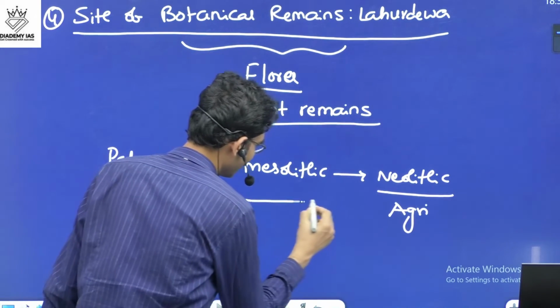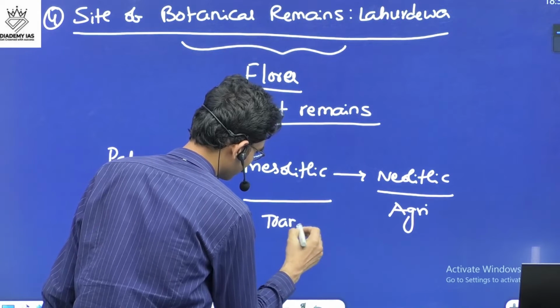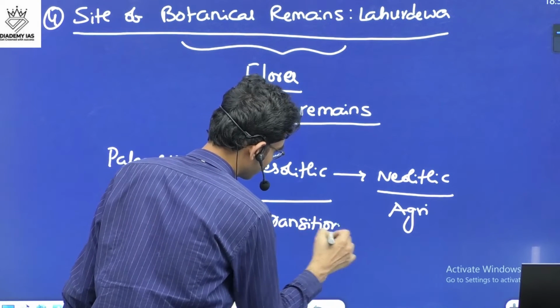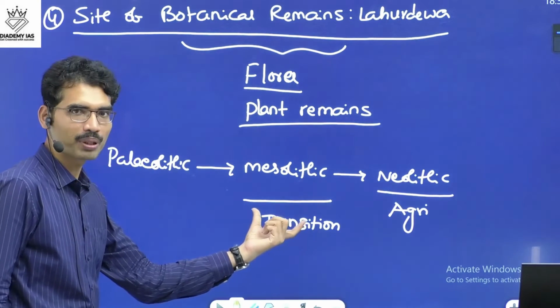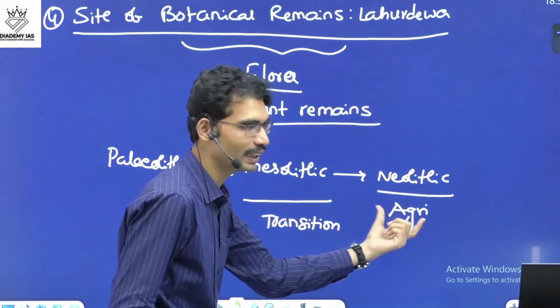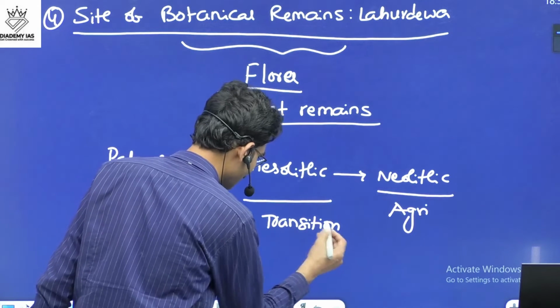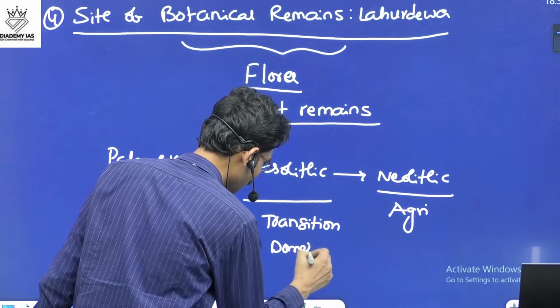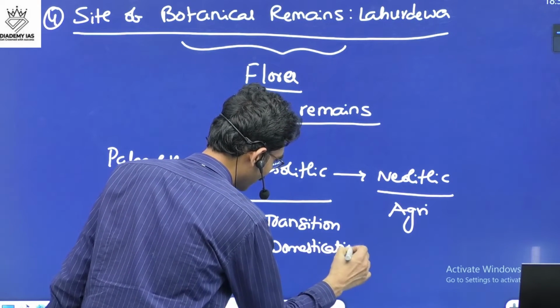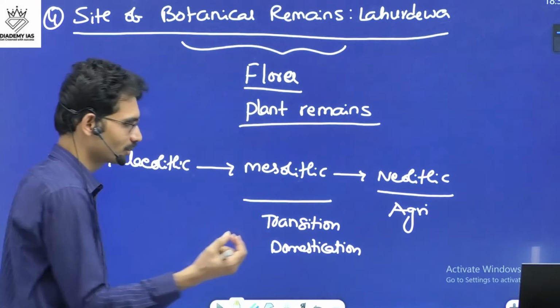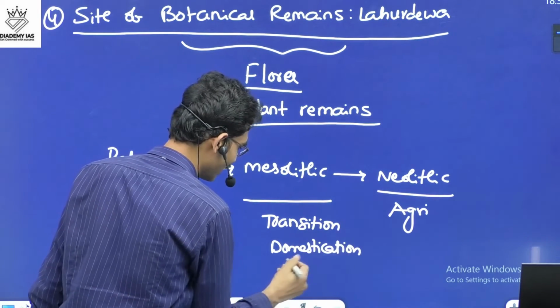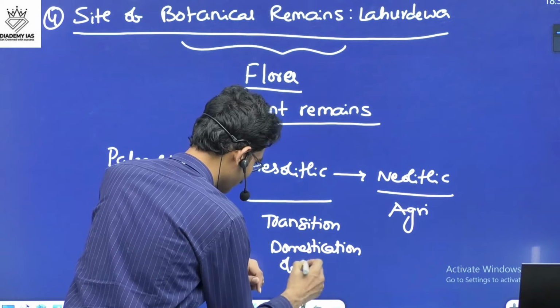But in Mesolithic, it is a transition. During this time period, people were experimenting with how to domesticate animals and how to domesticate grain. Earlier, they were collecting wild grains. Later, these wild grains were utilized for domestication of plants.